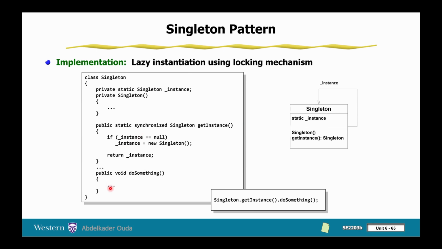And then we can do anything else here, any other method that we would like to add, like adding some security mechanism or adding some business logic can be added to the class. How do we get that instance? Again, this method is defined as static, so we need to know the class name and call the method.